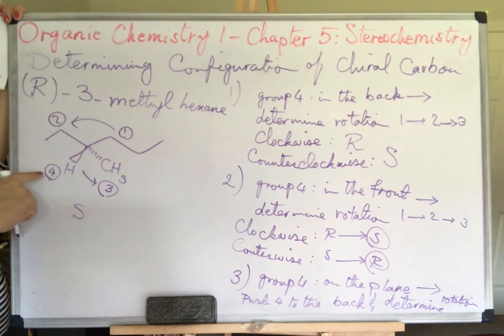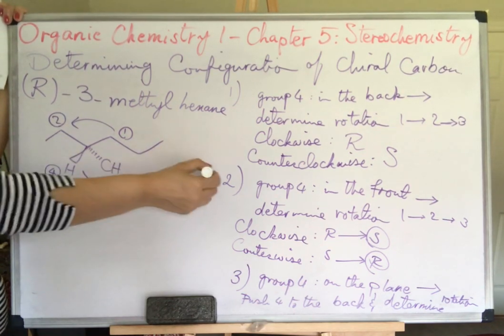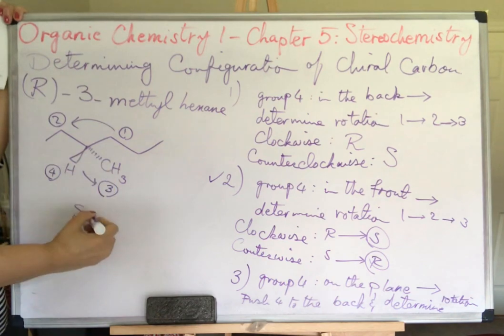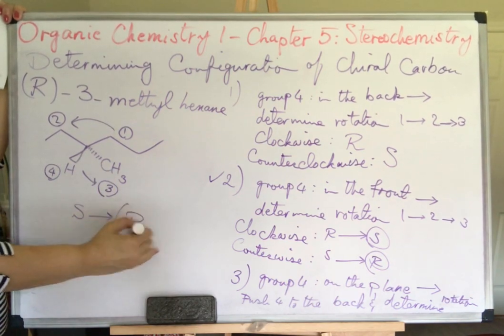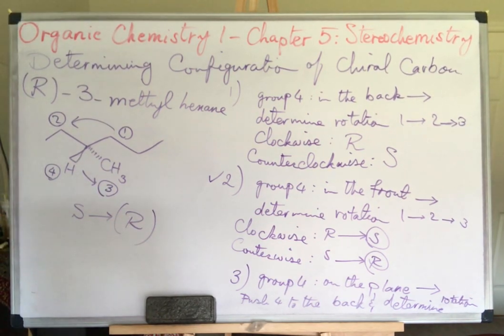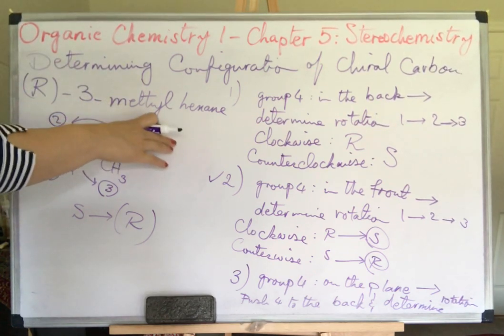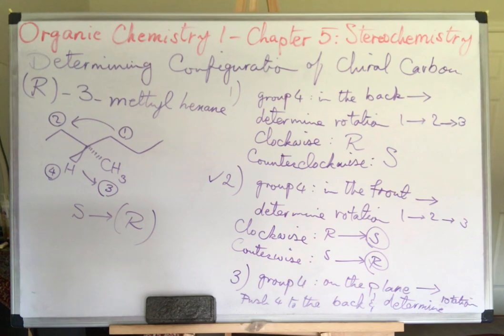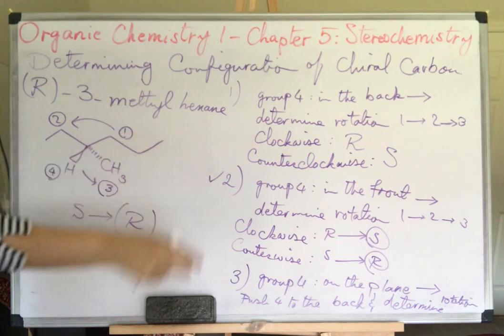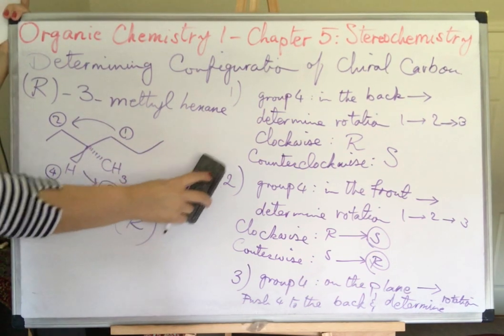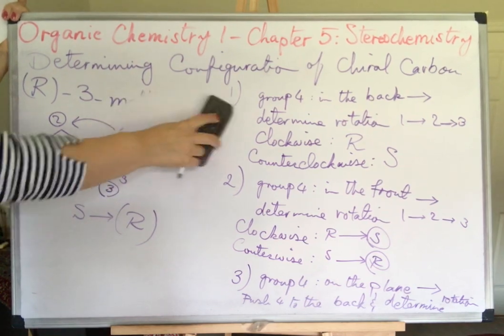It looks like S, but because hydrogen is in the front, this is the second situation, so it's actually R. So whenever the least priority group, group number 4, is in the front, we switch the letter of that rotation. We already talked about it. Situation number 2. That's the shortcut, huh?